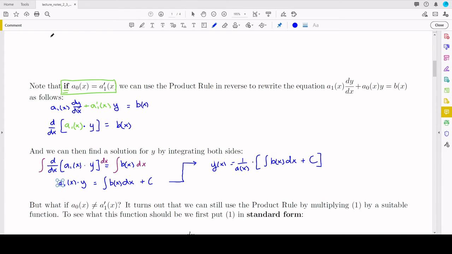So again, this is the solution to the differential equation only if a naught of x is a1 prime of x.